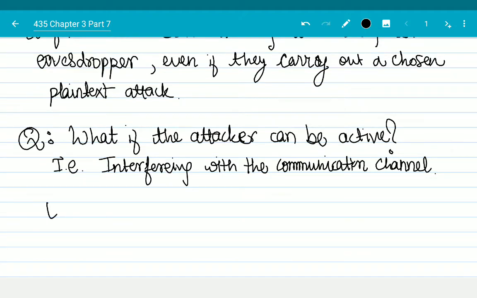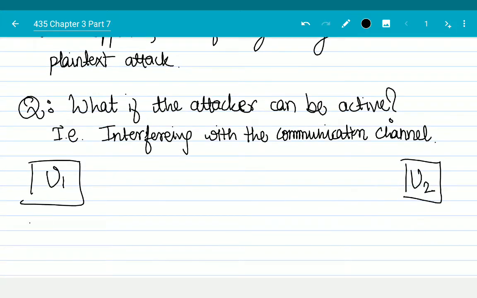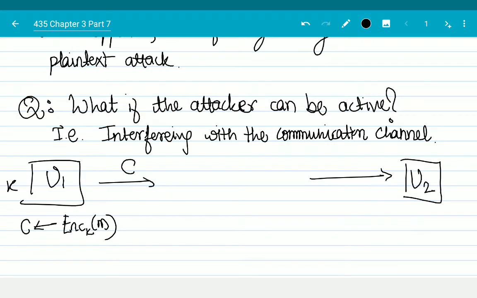For example, U1 sends a message to U2, encrypted with a key K, C equals encryption K of M, and they send C. But now something happens and they receive C prime, and compute M prime equals decryption K of C prime.